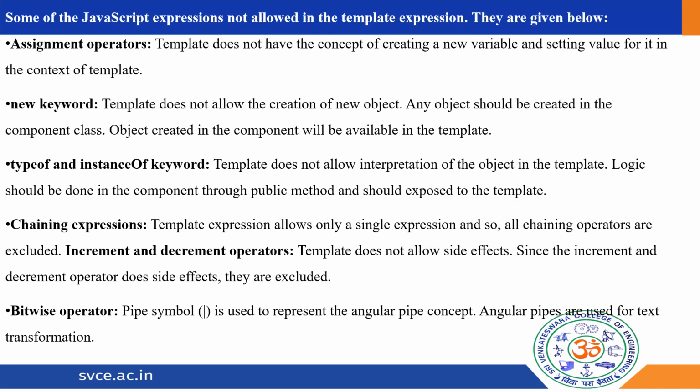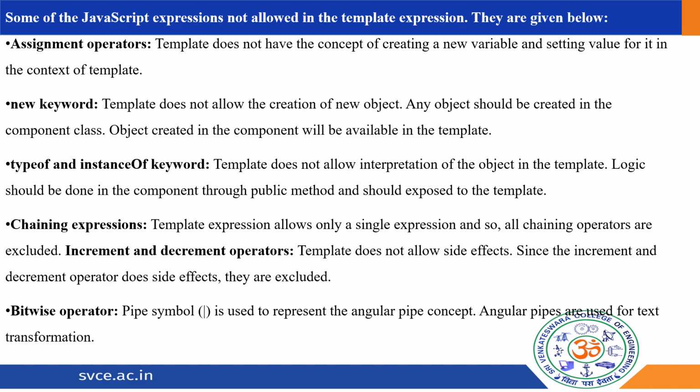So these are some of the JavaScript expressions not allowed in the template expression. First one is the assignment operator, the new keyword, typeof and instanceof keywords, chaining expression, increment and decrement operators, and then the final one is the pipe operator. In the assignment operator, the template does not have the concept of creating a new variable and setting a value for it in the context of the template. With the new keyword, the template does not allow the creation of a new object.